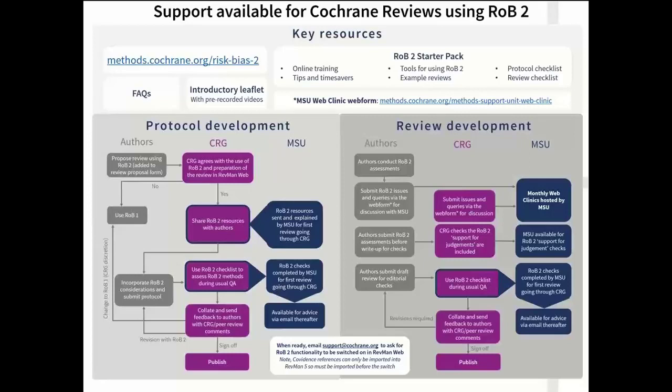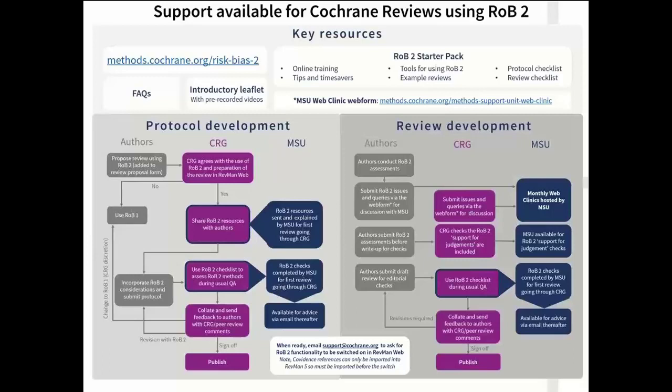It's also worth noting that there will be no expectation that reviews already in development will have to adopt the method retrospectively and change what they put in their protocol. And there's also no expectation that updates will need to use risk of bias 2, because in a single review, you have to either use the original tool or risk of bias 2.